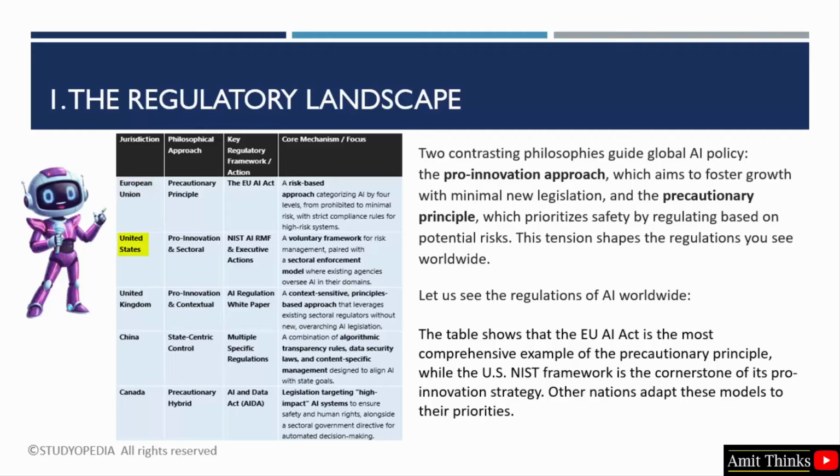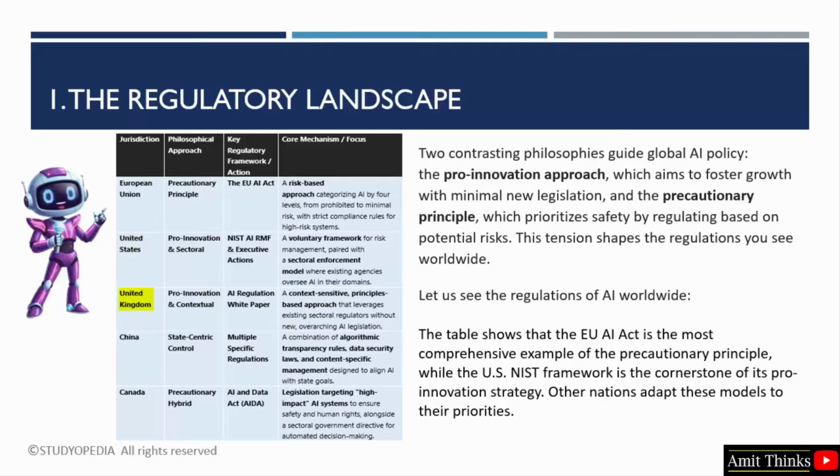The next one is for US, that is NIST, AI, RMF and executive actions. A voluntary framework for risk management paired with a sectoral enforcement model where existing agencies oversee AI in their domains.